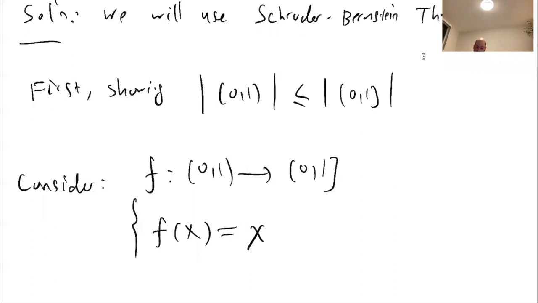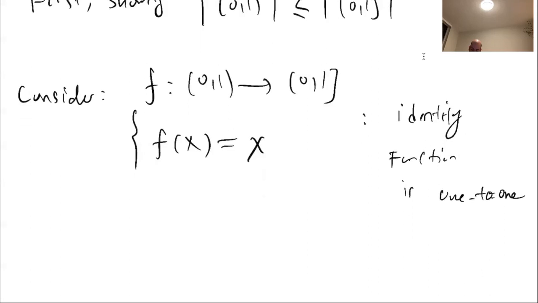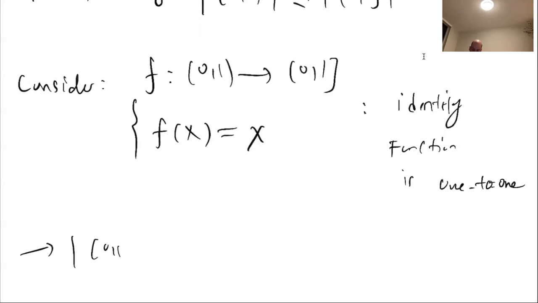And when the inputs are chosen from the open interval 0 to 1, the outputs will also be in the open interval 0 to 1. Therefore, they will also be in the half-open, half-closed interval as well, right? Because the open interval 0 to 1 is a subset of the half-open, half-closed 0 to 1. The identity function is one-to-one. That means the cardinality of open 0 to 1 is less than or equal to the cardinality of half-open 0 to 1.